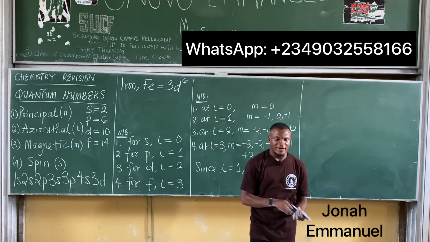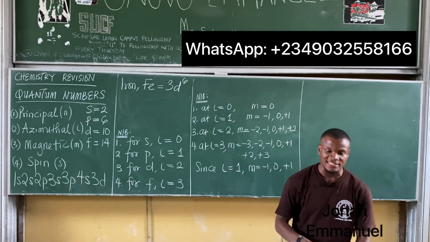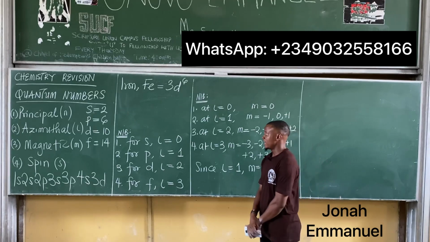So I'm going to find 4 things here: principal, azimuthal, magnetic, and spin.